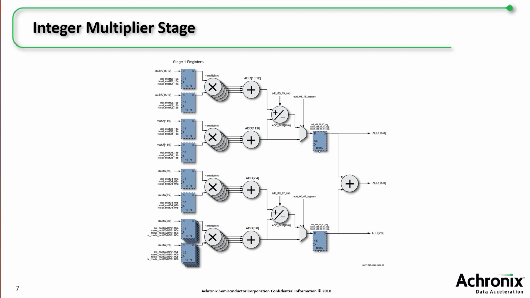Let's look in greater detail at the integer multiplier functions available in the MLP72. Focusing on the multipliers, as described, there are 16 8-bit times 8-bit multipliers. These can then be combined or subdivided to support from either 4 16-bit multipliers up to 32 4-bit multipliers.